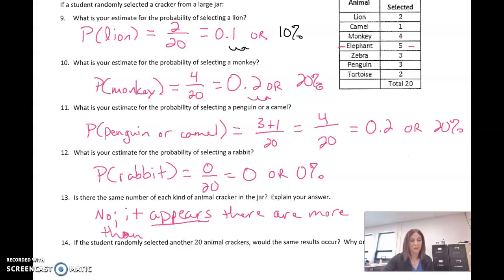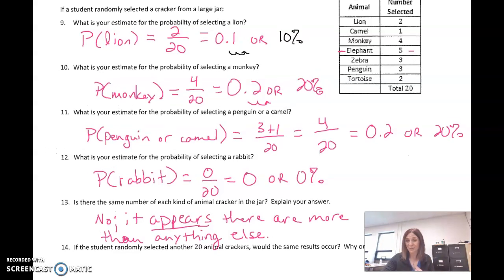We don't know that for sure because there's a lot more things in there, but we're only going on the information we have. This is the information we have. That's all we can use. And that's the thing with probabilities. You are making some observations. You're collecting some data. That's what you're going on. That's why it's not guaranteed.